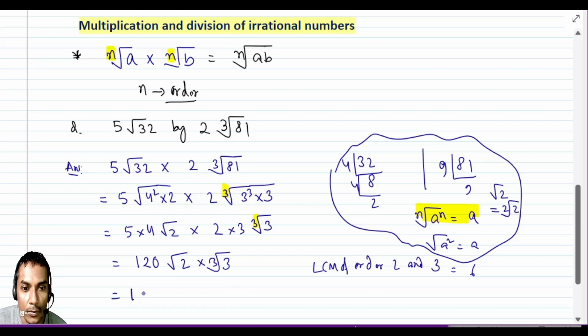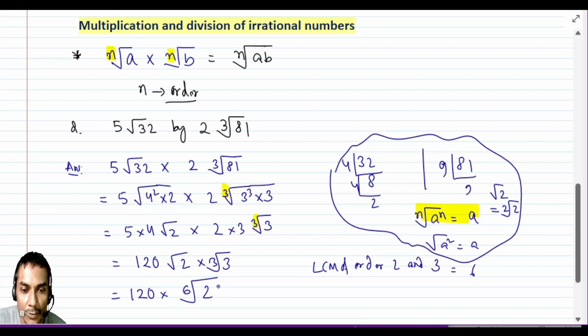Next what to do? 120. And now how can we change into the same order? You must remember this. Just a minute, sorry, we have to consider LCM, actually the LCM 6, and here what you have to do?